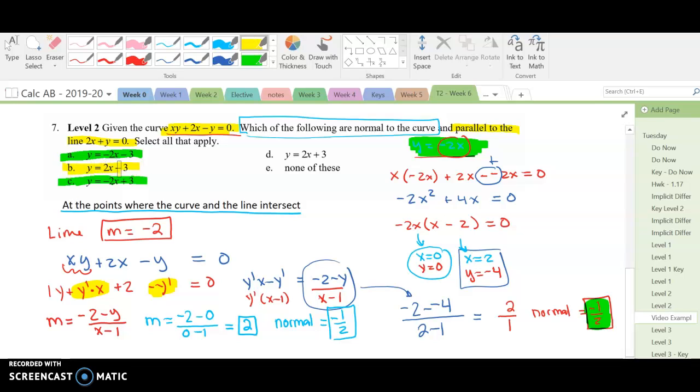Only these two would be perpendicular to a slope of negative 1/2. And so we can't have anything that's both parallel to one and perpendicular to the other. So the final answer is E. None of these work.